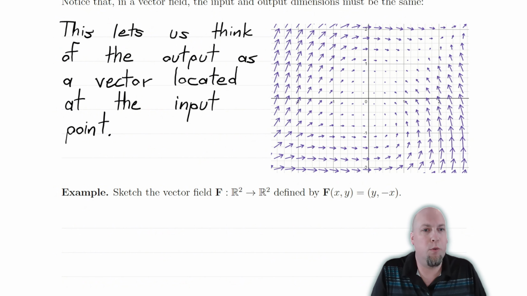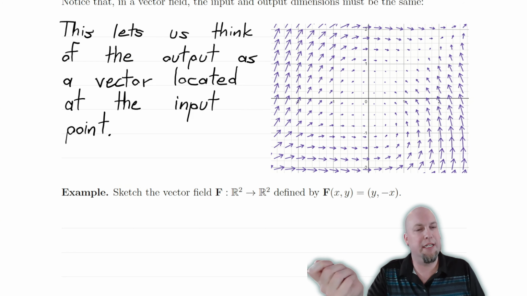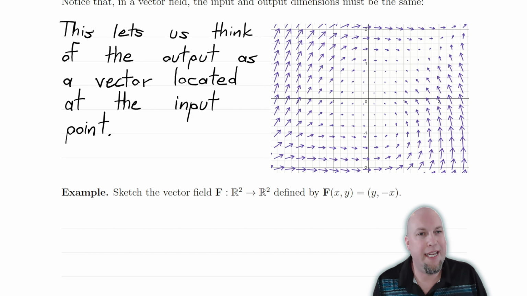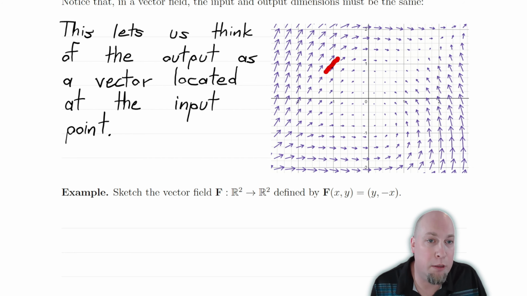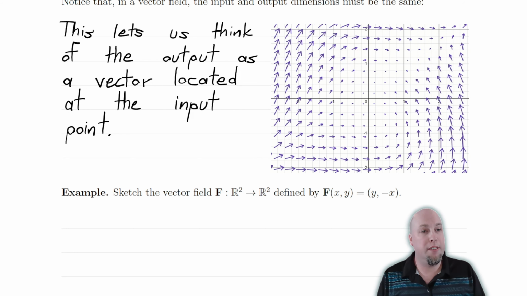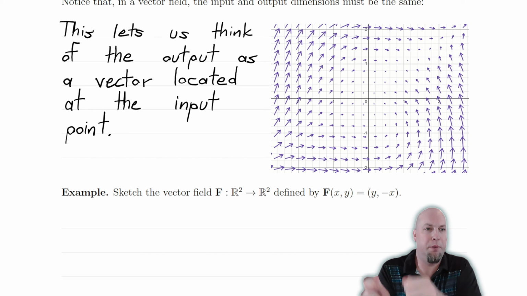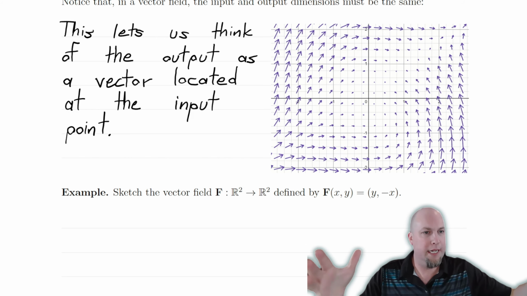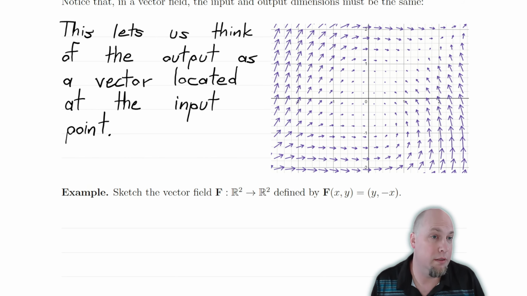Whatever coordinate you're at, for example over here at (-1, 1), I would plug x equals -1, y equals 1 into my vector field, and that would give me some output, and I draw that output vector at that point. If you do this for lots and lots of different points, drawing lots of different arrows depending on different input values, you get our natural visualization of a vector field.